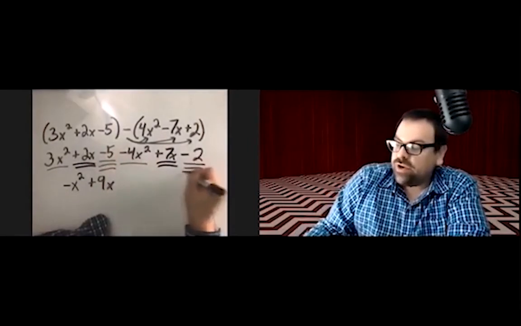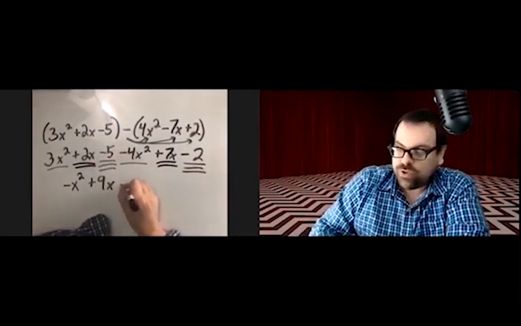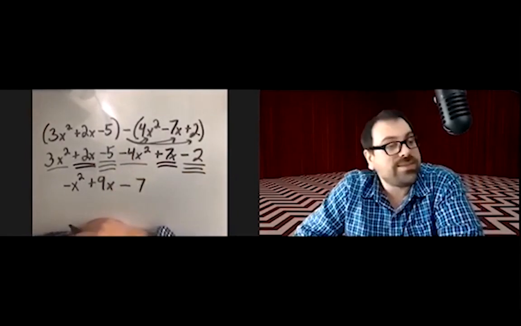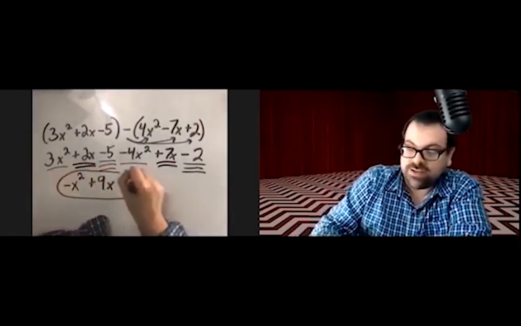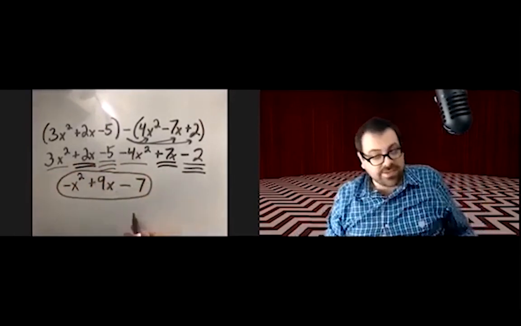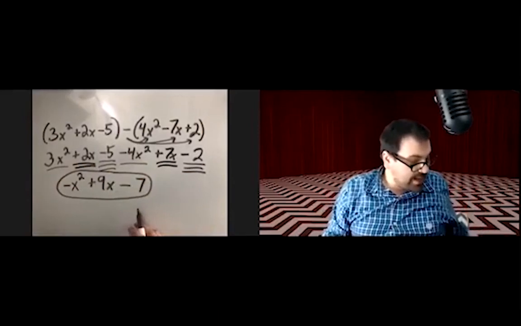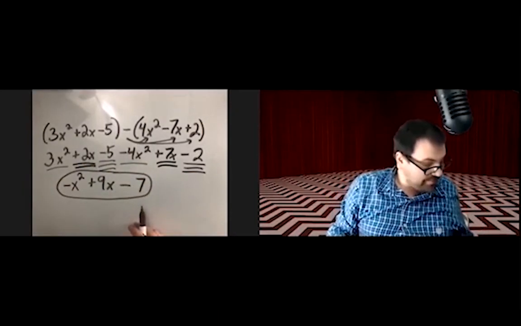Negative 5 minus 2 would give us negative 7. So when we subtract these, negative x squared plus 9x minus 7.